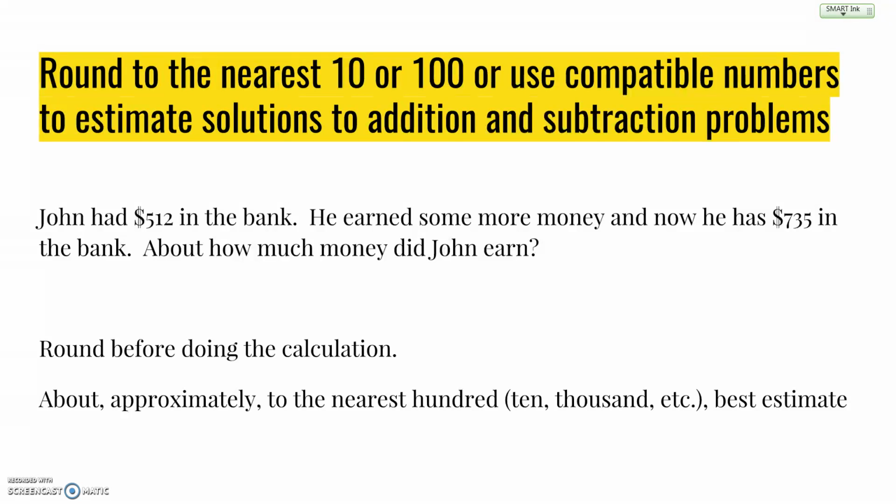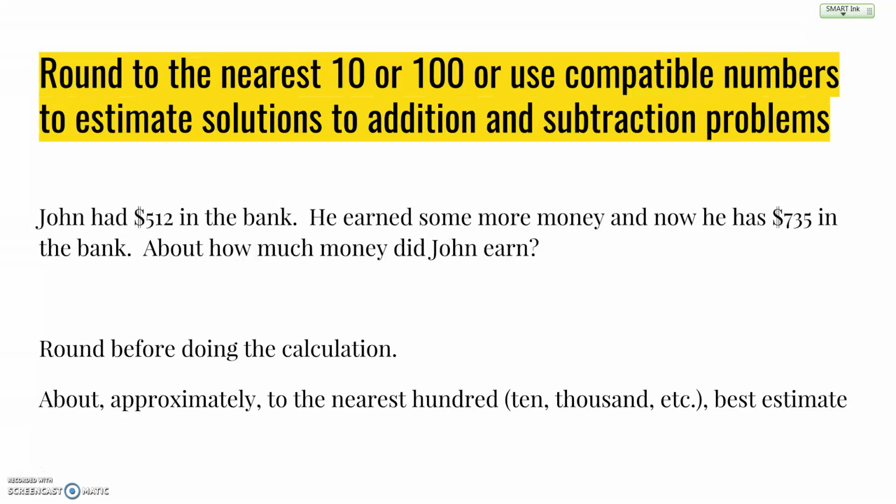So here I could round to the nearest 100, and 512 would round to 500. 735 would round to 700. And so 500 plus something else equals about 700. And so when I worked that problem, I realized that he earned about 200. It's not exactly how much he earned, but it's a good estimate.